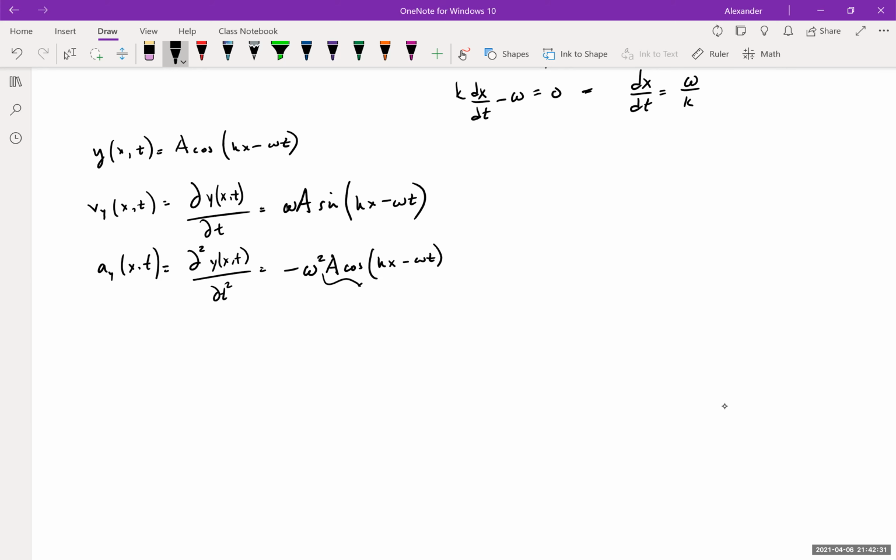But a times cosine of kx minus omega t, that's the original function y. Which doesn't feel all that strange, that the acceleration is negative proportional to the position.